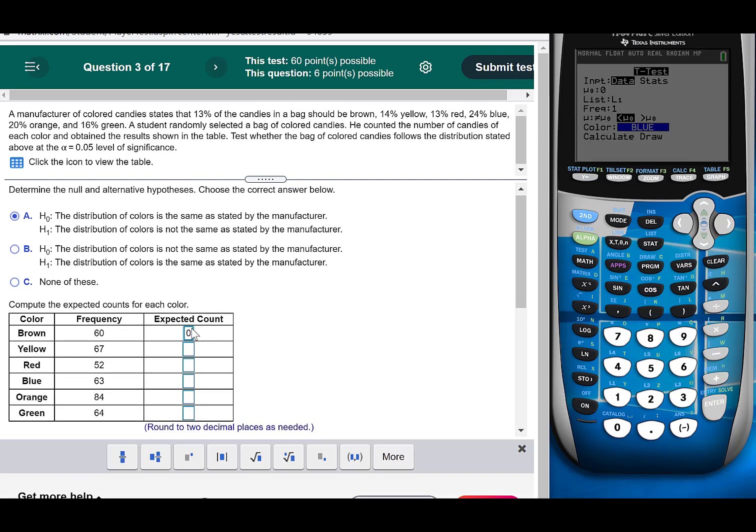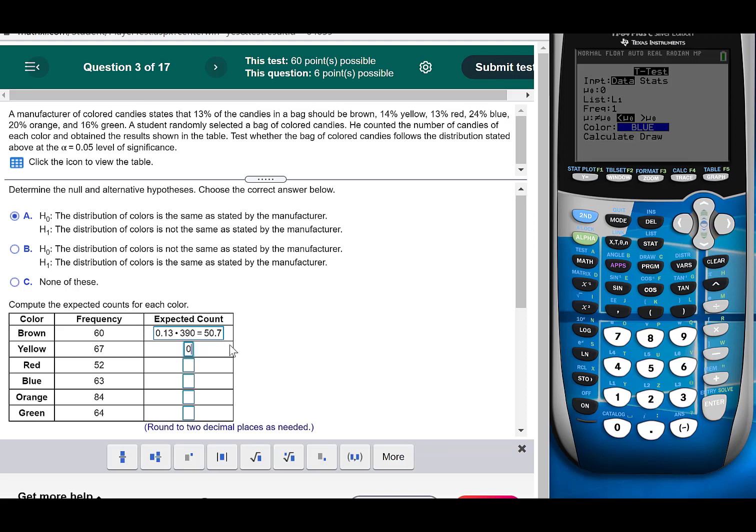So that will be 0.13 times 390. And what would be the answer for this? You just do it on your calculator and find the answer. So I got 50.7. I'm just gonna leave it 50.7 if you like. And then for the next one, for yellow, guys, he says 14%.